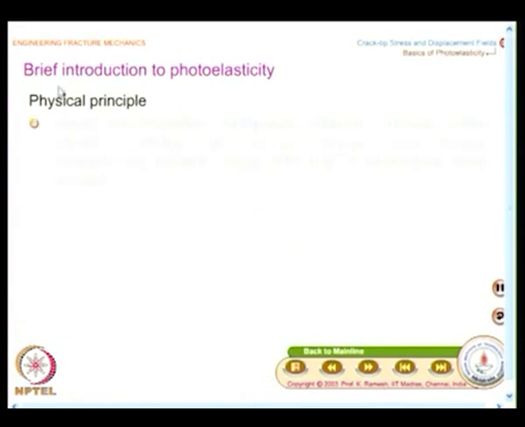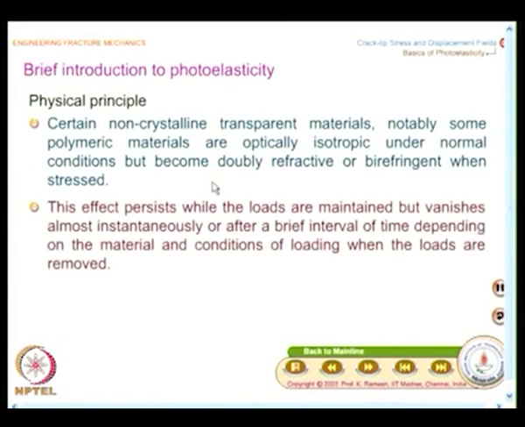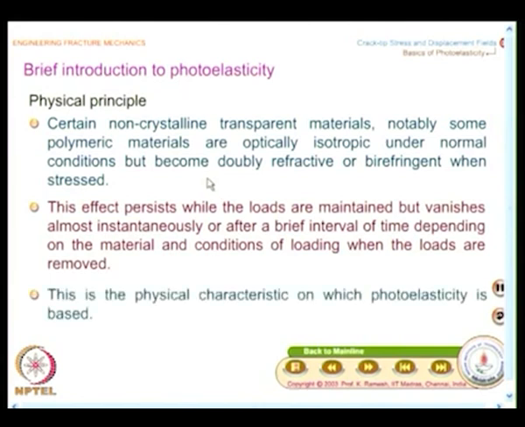And what is the physical principle? Each of these techniques is governed by a basic physical principle, and what you find is certain non-crystalline transparent materials, notably some plastics, are optically isotropic under normal conditions, but become doubly refractive or birefringent when stressed.